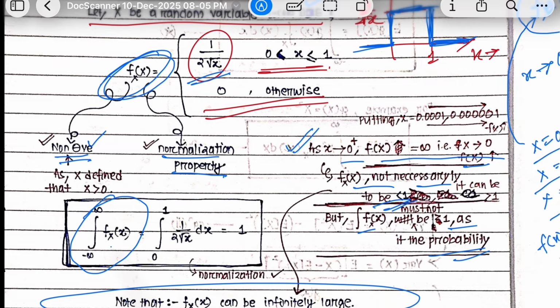That is, the integral from minus infinity to infinity of f of x dx. Putting this value, it is defined from 0 to 1. So you integrate this one, with 1 by 2 taken outside. So x to the power 1 by 2 is increased by 1.